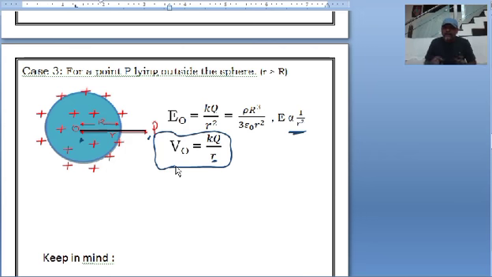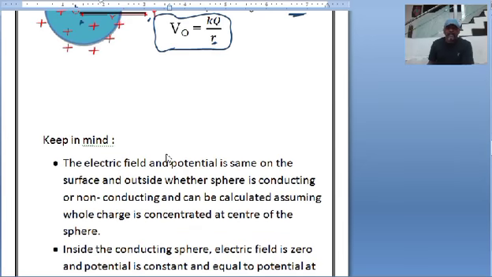In this case you can consider the entire charged non-conducting sphere, the charges to be concentrated at its center. All the charges which are distributed over the sphere can be considered to be concentrated at the center. That's it.